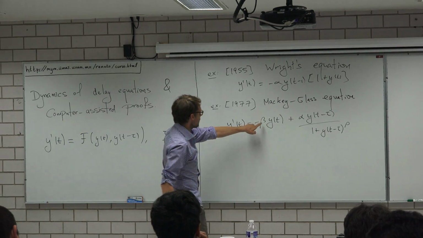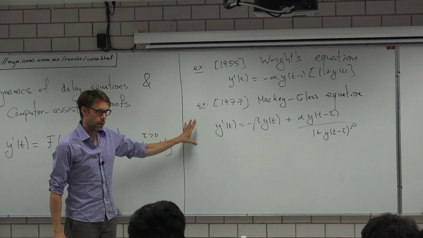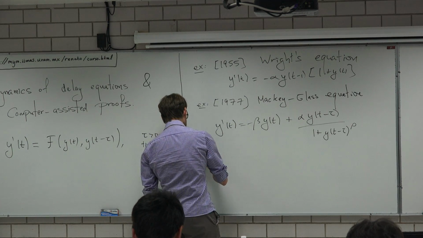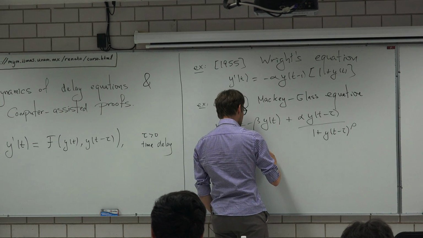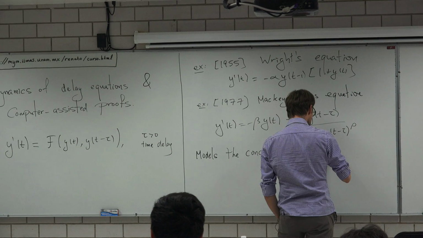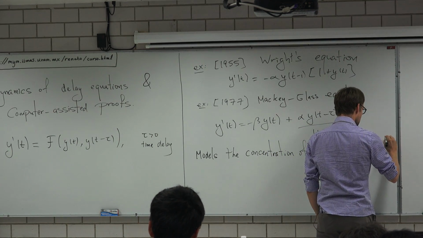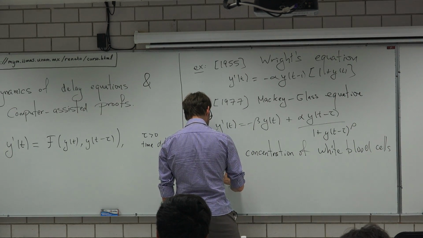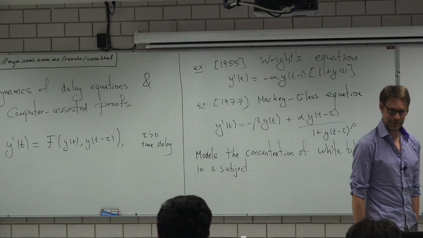So I have beta. Okay, so that equation models what? It models the concentration of white blood cells in a subject, a human.